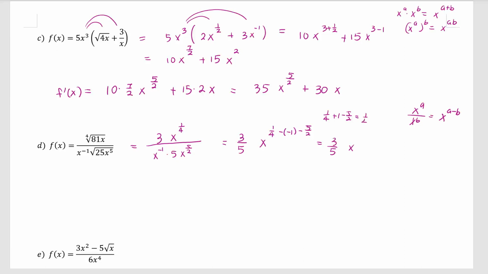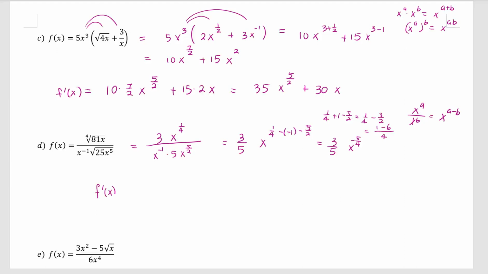Well, that's 1/4 minus 3/2, right? Because -5/2 plus 1 is minus 3/2. Well, that is 4 is the common denominator. 1 minus 6/4. 1 minus 6 is -5. So -5/4. So far, so good, everybody.